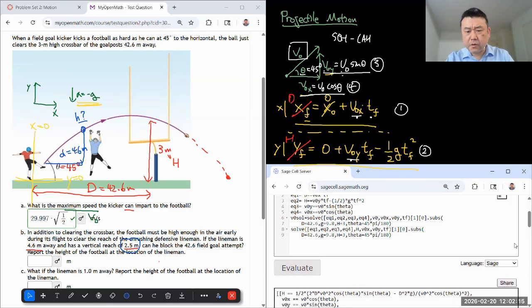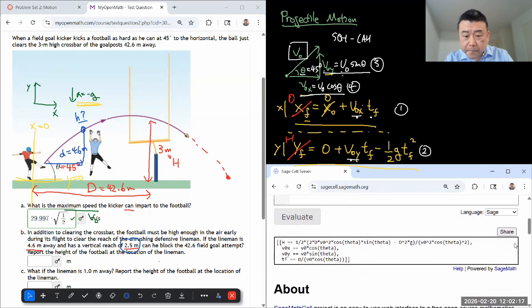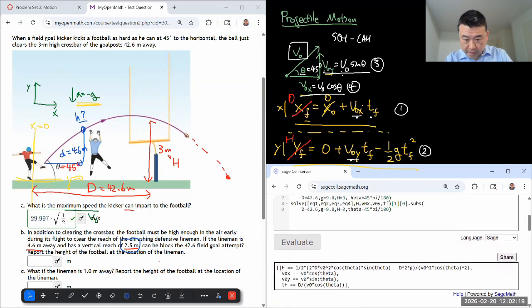Based on that, I get only one set of solutions, so I want the first element. I don't want to plug in a value for h since I'm solving for it. I do want to change d to 4.6. Everything else is the same.